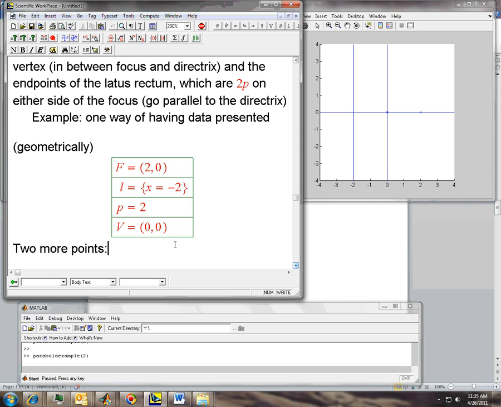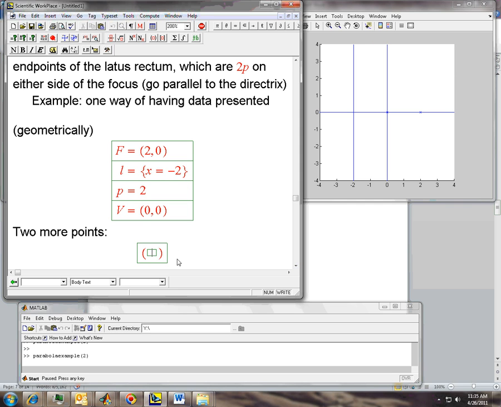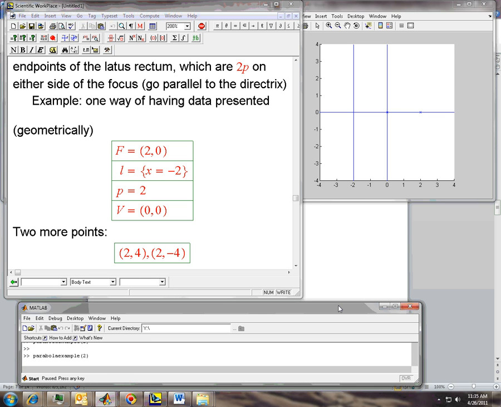So we're going to go up and down here, and so they're both going to have x-coordinate 2. You go up and down from the x-axis by 2p, so that's going to be 2, 4 and 2, minus 4. Okay, so again, without even getting an equation, we've now got 3 points. So there's those points. They're just on the edge. You can hardly see them, but they're at the top and bottom there. Okay, and now I'll just draw with a dotted line the latus rectum in between them.